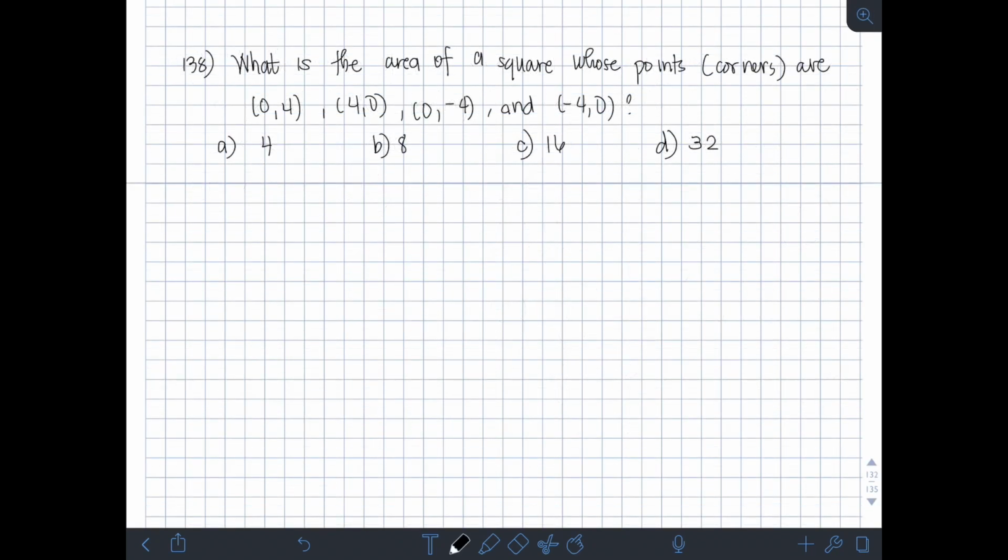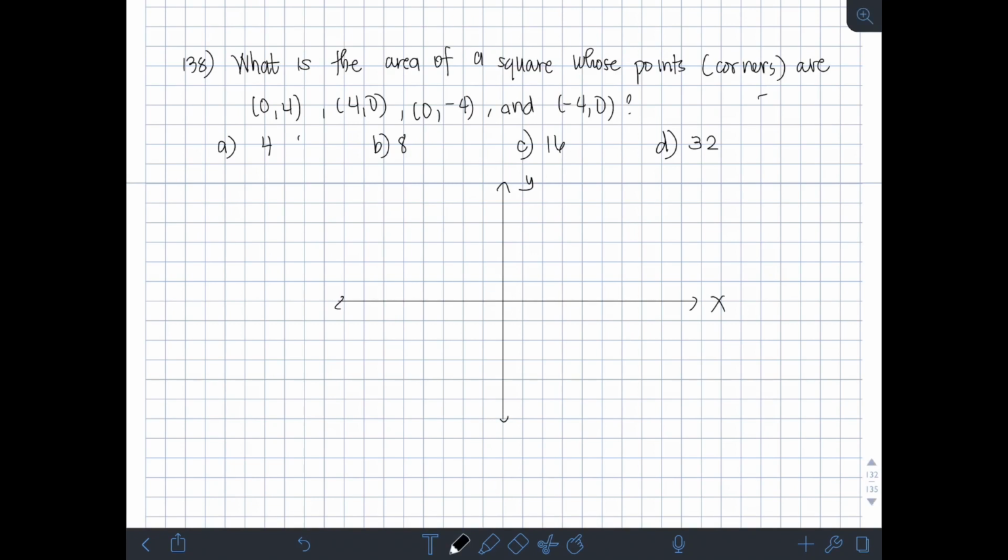Next, we have, what is the area of a square whose points or corners are (0, 4), (4, 0), (0, -4), and (-4, 0). Okay, so ano raw yung area ng square given these points or corners? So, plot natin para ma-visualize natin. So, gawa tayo ng rectangular coordinate system.